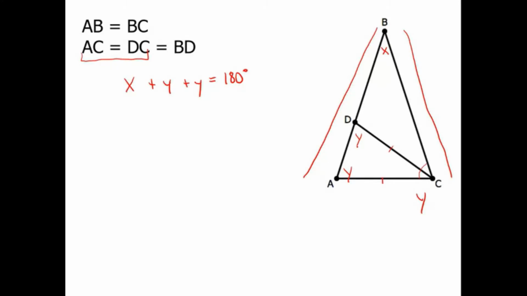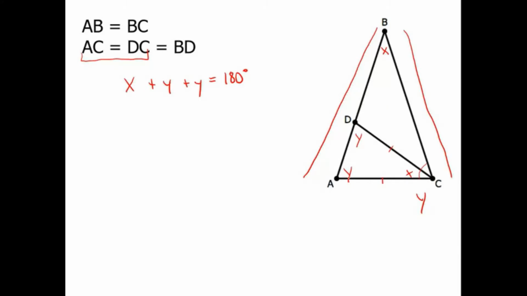And we see we have an isosceles triangle with two base angles of Y. It has to be similar to the big triangle. And so this has to be X right here. Okay, so the little triangle DAC is similar to the big triangle CAB. So we have Y, Y, and X. And again, X plus Y equals 180.